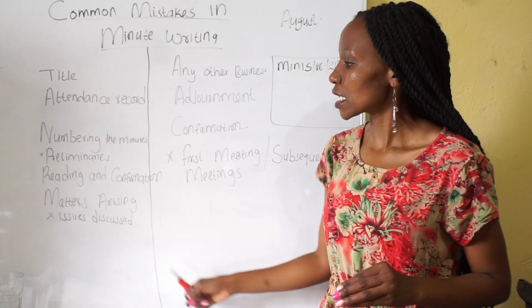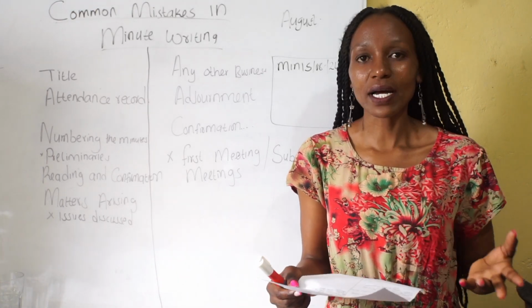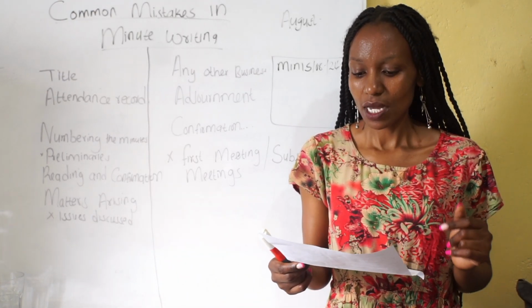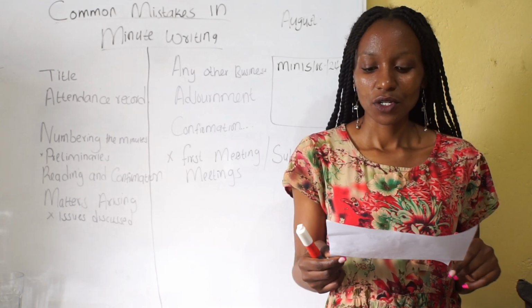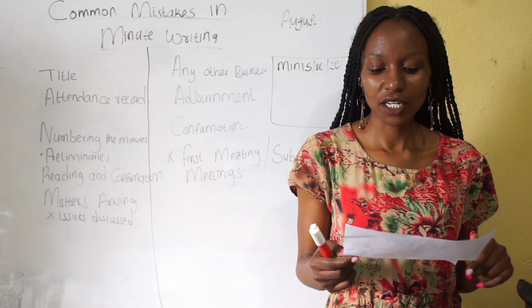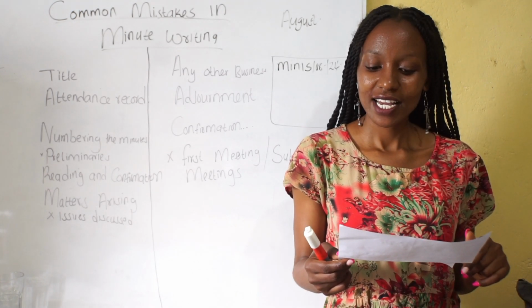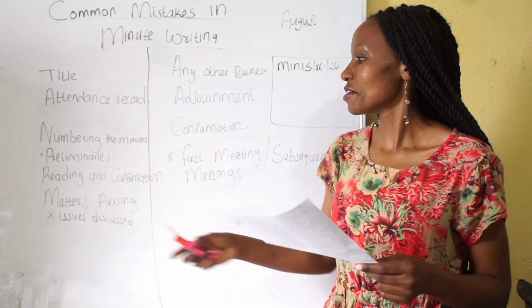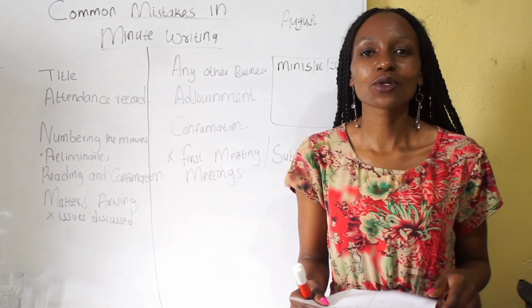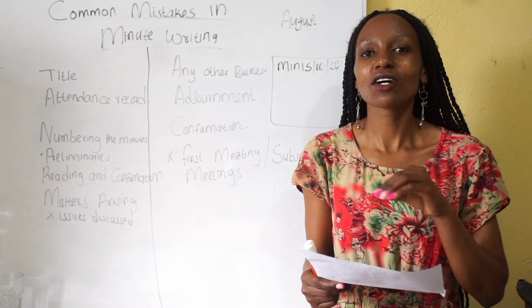From the matters arising, we go to the issues raised. And these ones are normally provided in the question. For example, let me read this question. You're the secretary of the debating club in your school. Recently, the club held a meeting and the following issues were discussed. So after the matters arising, you are going to write now the agenda, the main business for the day.